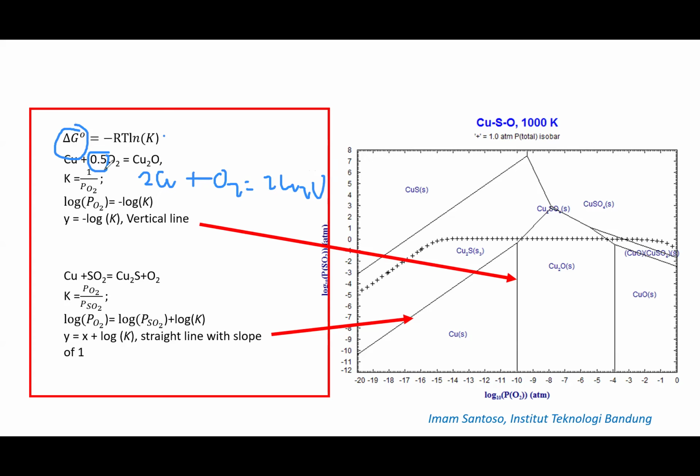Yeah, if, for example, this one is 0.5 and the delta G is delta G naught, if you multiply by 2, you will get 2 delta G naught, and then everything will be changed.